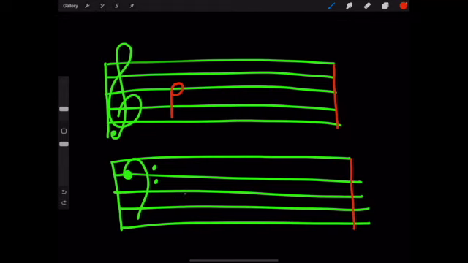Whole notes are usually kind of a little bit more like eggs, like that really. They're not drawn with the same exact shape as a half note or the note heads of the other notes. So a whole note, when we go above, stems must face down. Let's do 2 eighth notes here. Let's do 2 more.